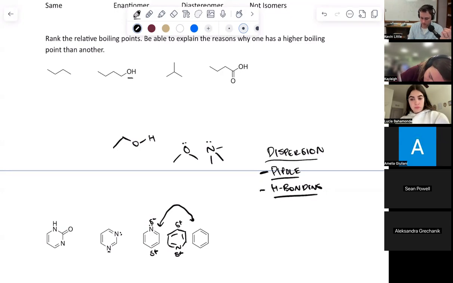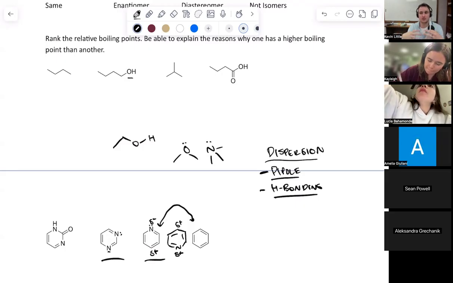Which specific molecule are you talking about right now? This pyrimidine. The other one is pyridine. This is a pyridine and a pyrimidine. You don't need to know those yet. Okay. But yes, the extra nitrogen adds more polarity. The extra lone pairs give it more hydrogen bond acceptor capabilities.